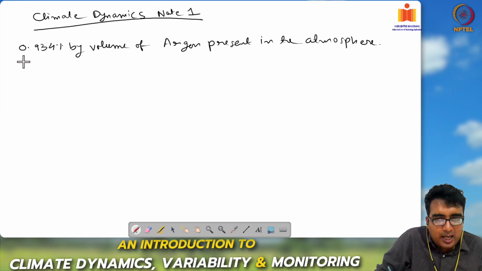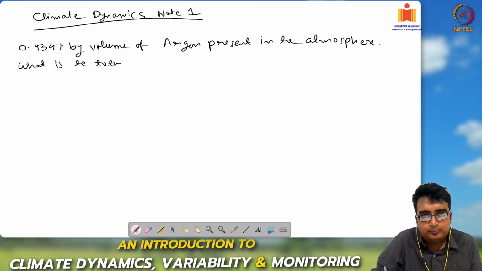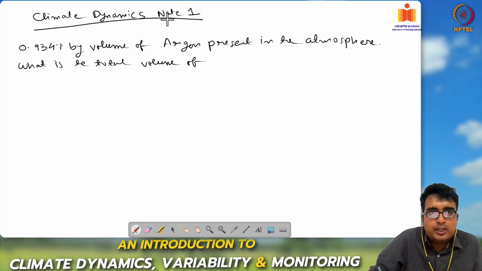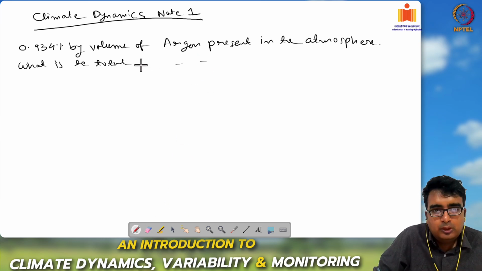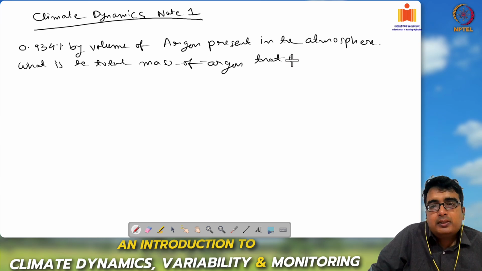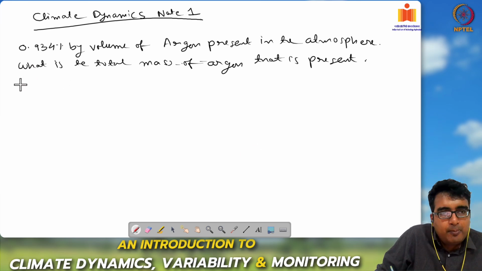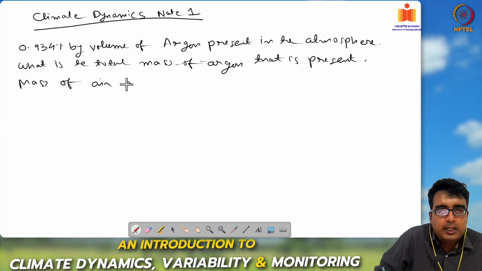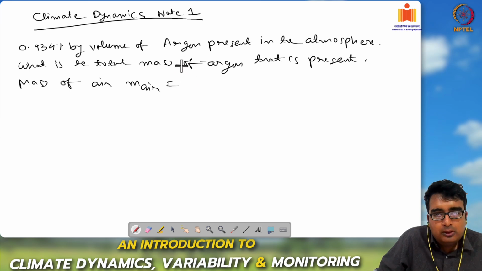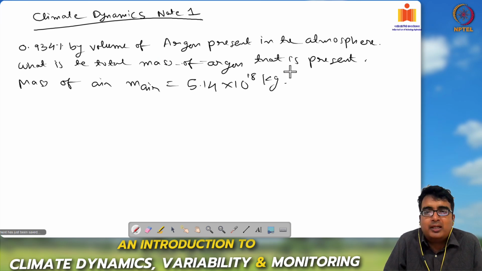We are asked to find out what is the total mass of argon that is present, where we are told that the mass of air, m air, is equals to 5.14 into 10 to the power 18 kgs. So the volume fraction of argon is given. We have to find the mass of argon that is present in the atmosphere when the total mass of air is 5.14 into 10 to the power 18 kgs.